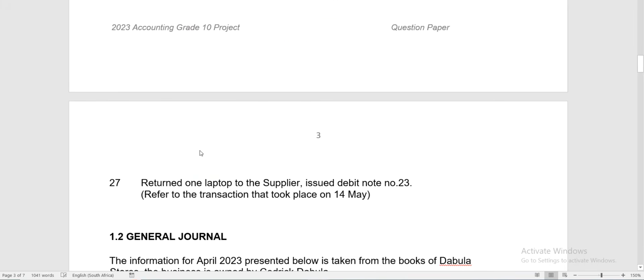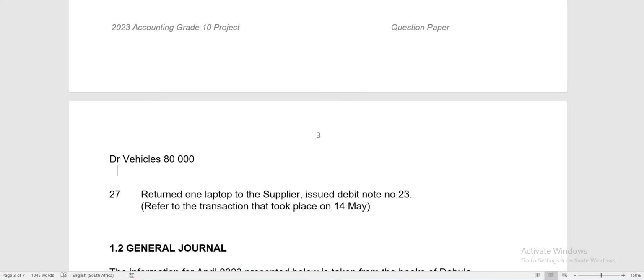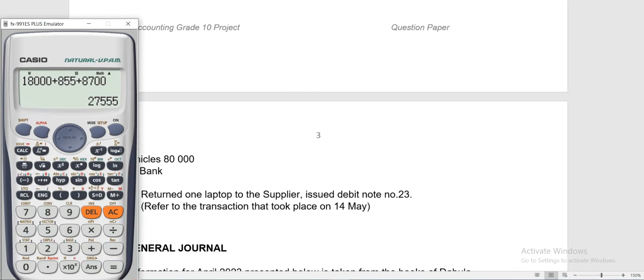You would debit vehicles with 80,000, because that is the total cost price of the car, and then you would credit bank with, let's see, how much is 25% of that. 80,000 multiplied by 0.25 gives us 20,000.